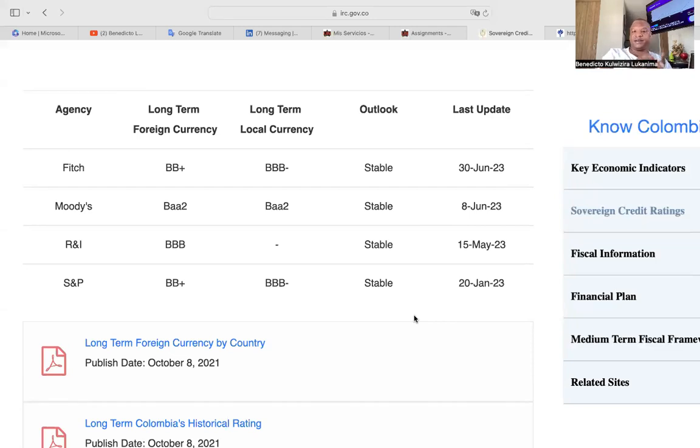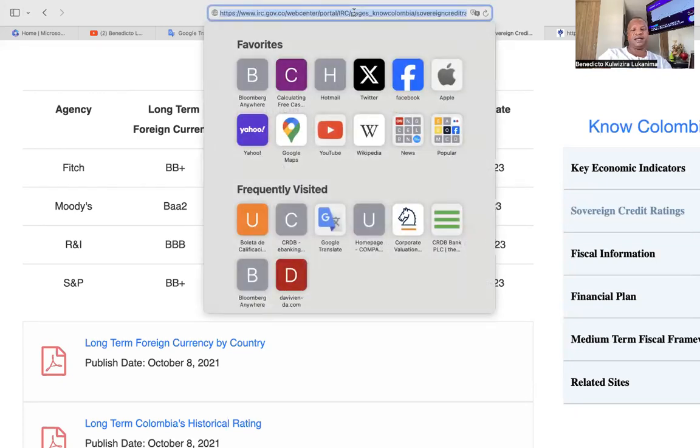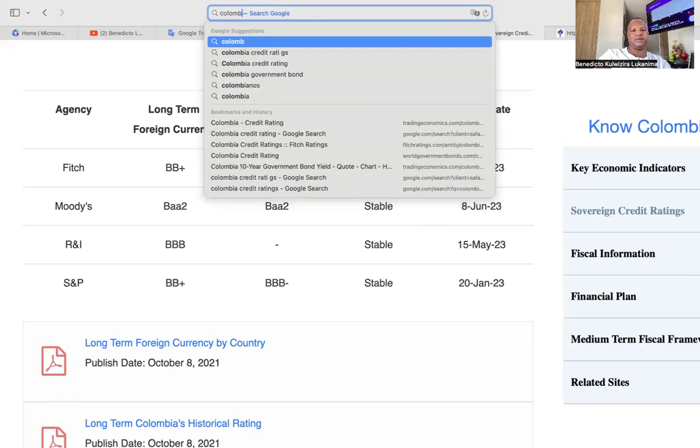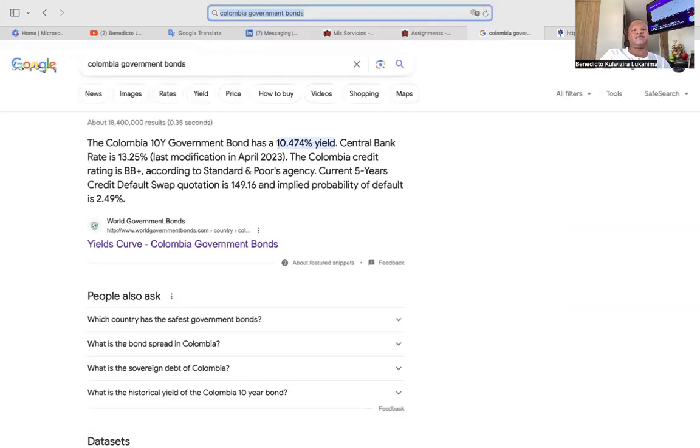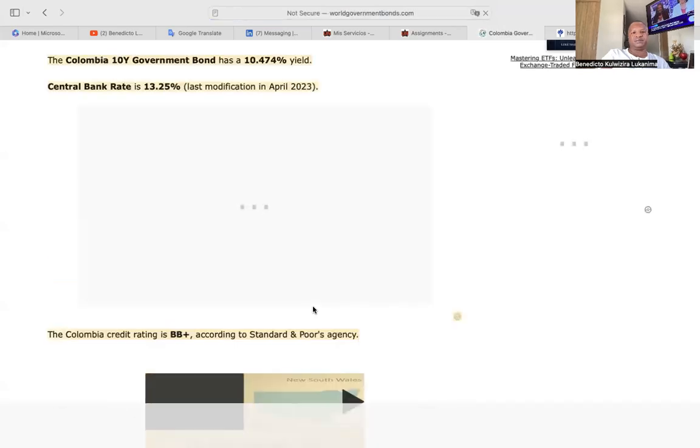Similarly, we can find government bonds by simply typing a country, Colombia, followed by the word government, and then bond. There are several sources. For example, this is worldgovernmentsbonds.com.